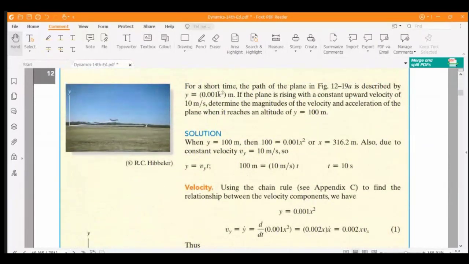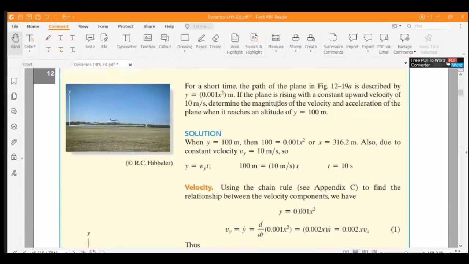The path of the plane in the figure, this is the path of the plane, is described by y equals 0.001 x square meter. If the plane is rising with a constant upward velocity of 10 meter per second, it is given, so the upward velocity Vy is given.